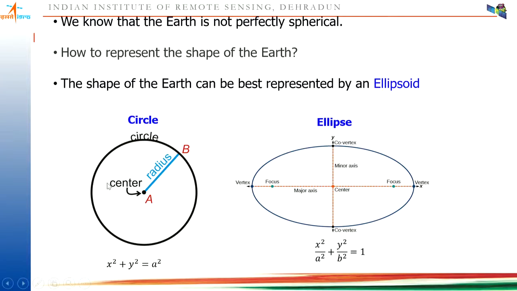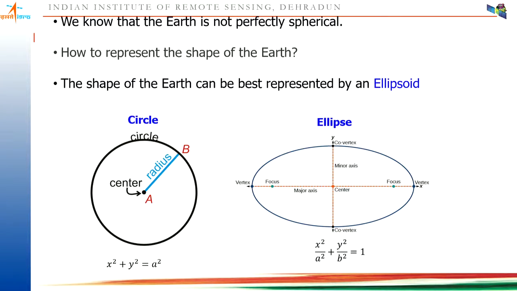So it will be equal to a circle. If b equals a, this becomes a circle. If it is not different from that, it will look like a circle. So there is just a little bit of difference between the circle and the ellipse.